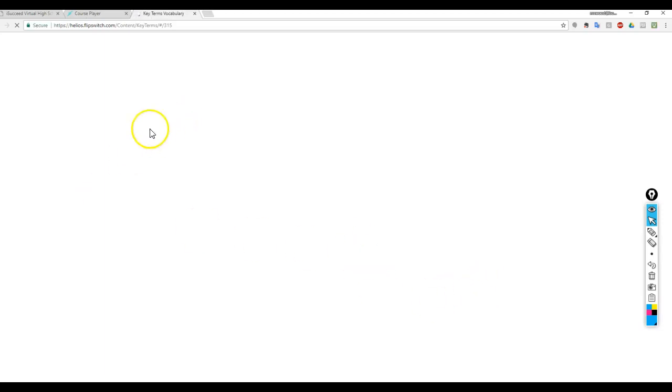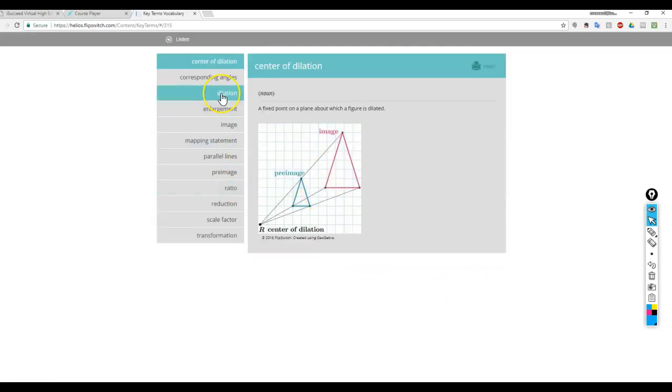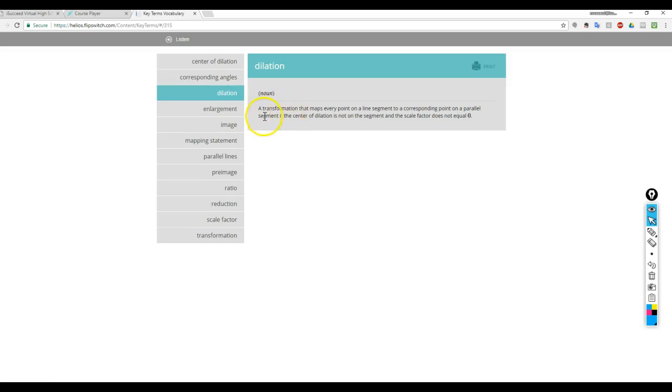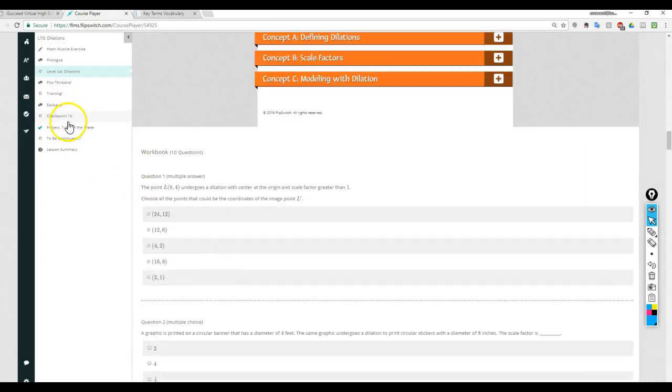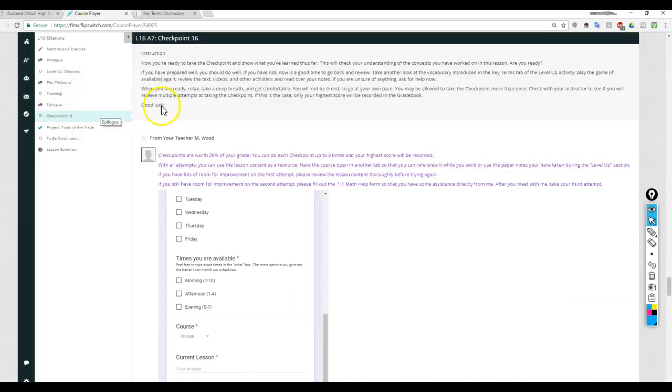If you click on the key terms, you can click on dilation, and it says a transformation that maps every point on a line segment to a corresponding point on a parallel segment if the center of dilation is not on the segment and the scale factor does not equal 0. So since it was not talking about it being equidistant, I would consider that one out.